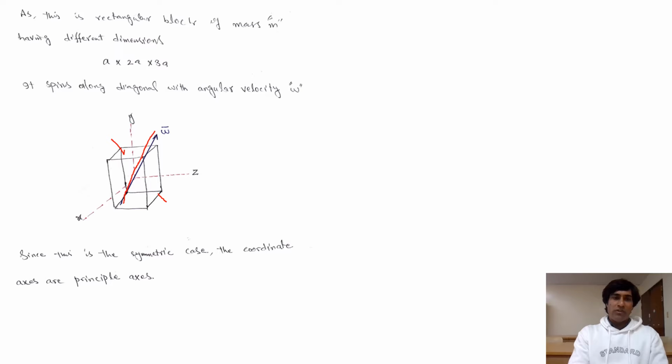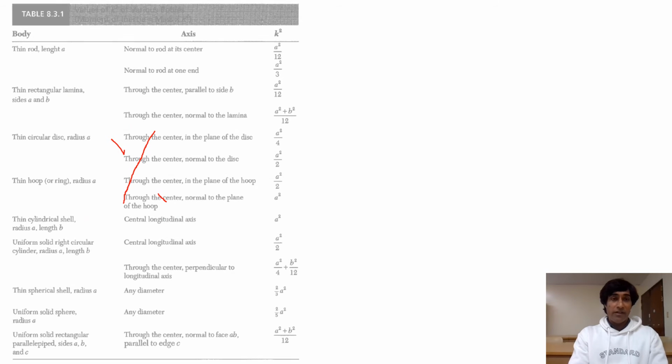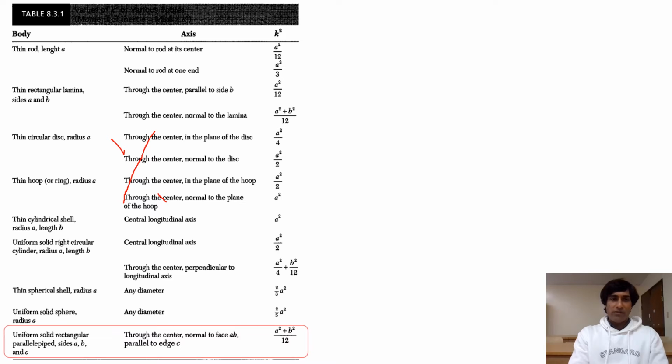Maybe you read about chapter 8, there is a table I included here, table 8.3.1. This table tells you the value of k square depending on the body dimensions and its shape.